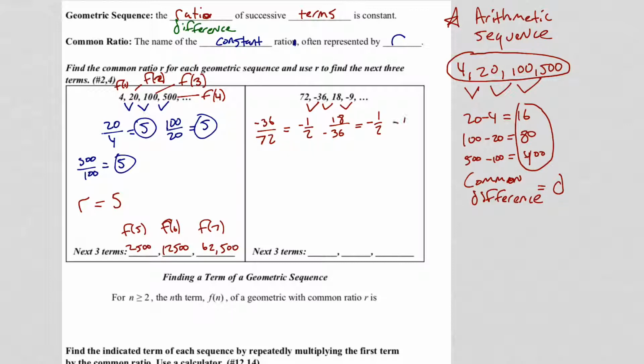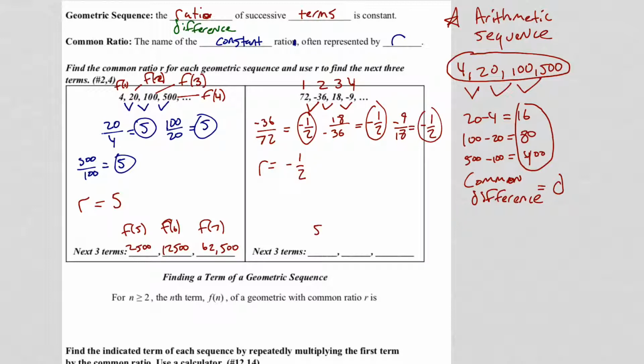And then negative 9 divided by 18 is going to equal negative 1/2. So hopefully you can recognize, right, our common ratio is negative 1/2. And so here was f of 1, f of 2, f of 3, f of 4.